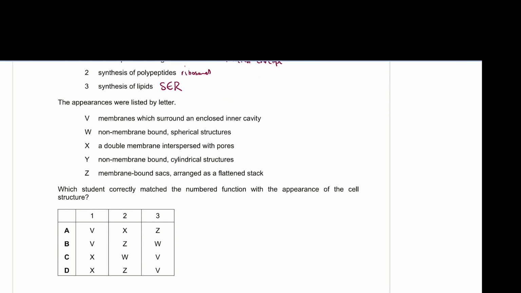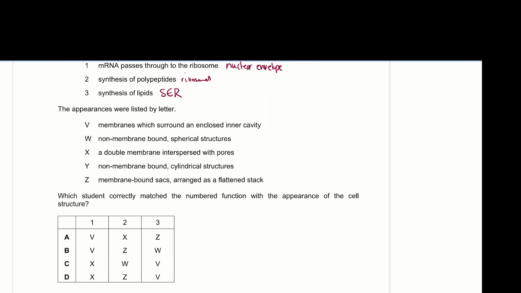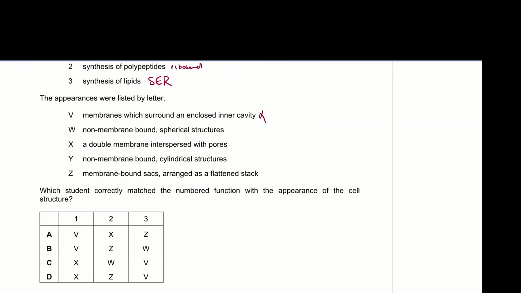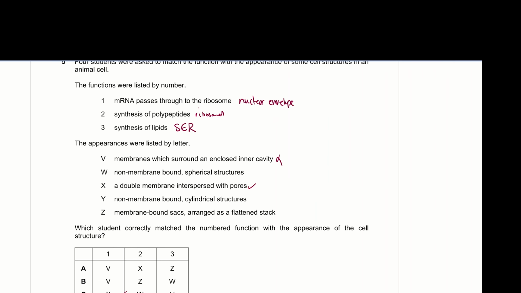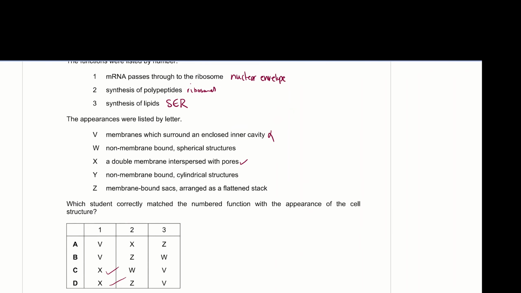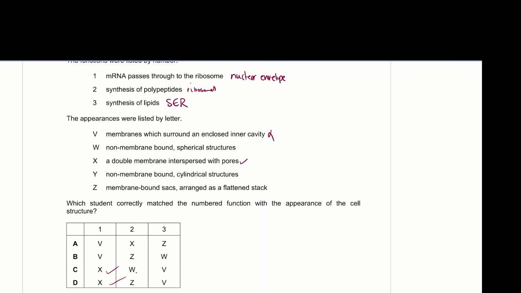Let's see the suggestions. Here for 1, it's either V or X. Let's see V. Membranes which surround an enclosed inner cavity. This is incorrect because this is not the nuclear envelope. For X, a double membrane interspersed with pores. This is correct, and it does have pores, so 1 is going to be X. For 2, synthesis of polypeptides. We have either W or Z. For W, non-membrane bound spherical structures.